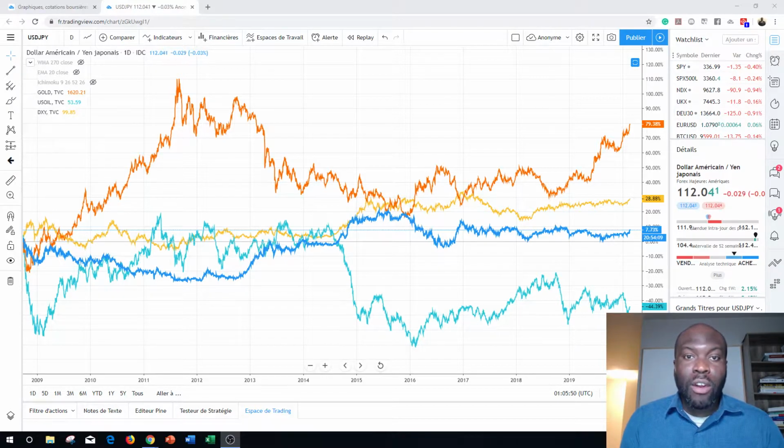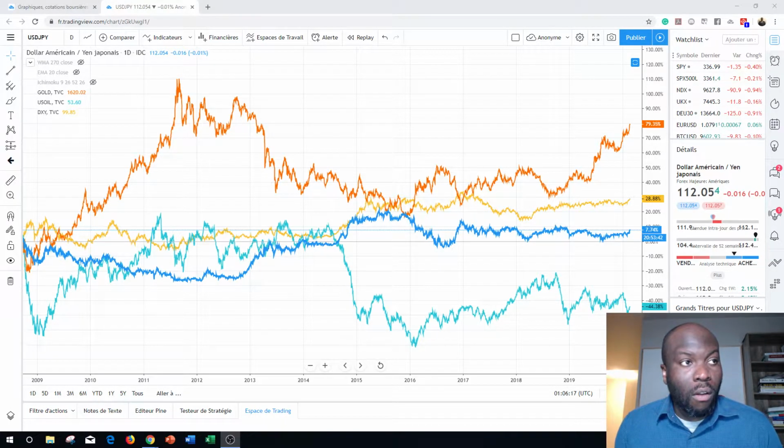When we see the dollar index going up, we supposedly see oil going down, or most commodities going down, because they are backed on the dollar.